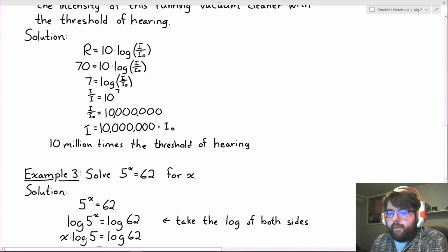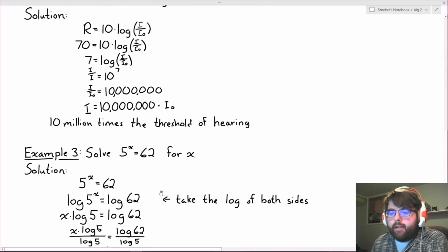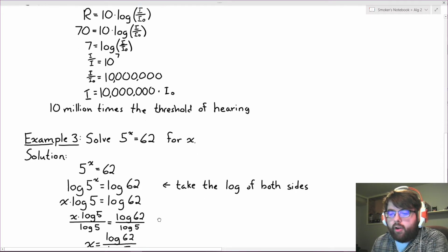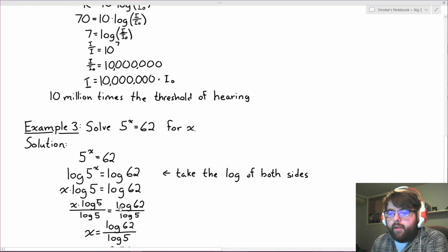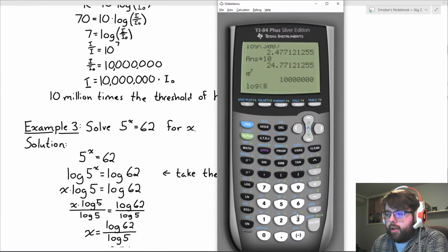Now remember, log 5 is still just a number though. Whatever this log is, it's still just a number. So I could divide both sides by that, and that will clear out this, solving for x and leaving log base 10, or common log of 62 over log of 5. So then at this point in my calculator, I can do log of 62 divided by log of 5, just using the button on the face of the calculator rather than digging through menus.